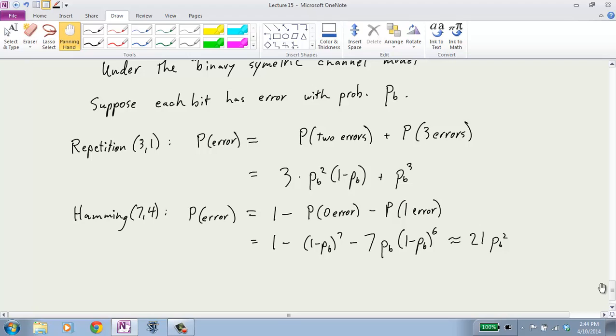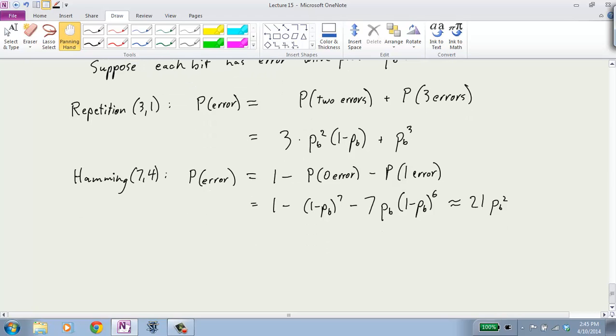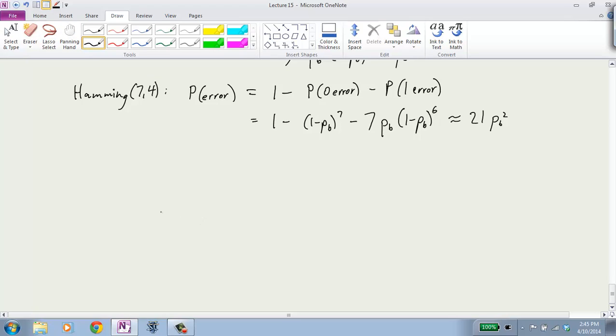Okay. So you actually then can make an interesting graph here. You can say, for example, let's take PB equals 0.01. Okay. I have a table here now. If PB is 0.01, then here's the probability of error over the block, and here's the different codes.